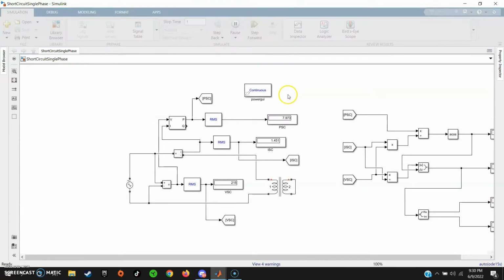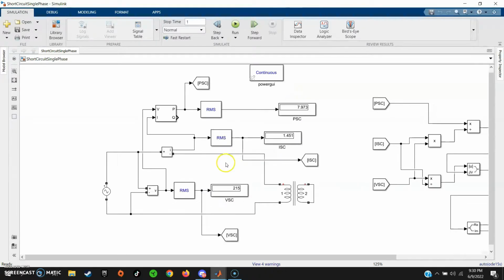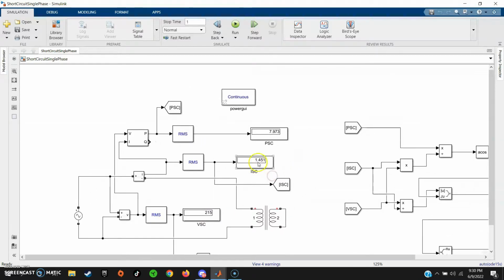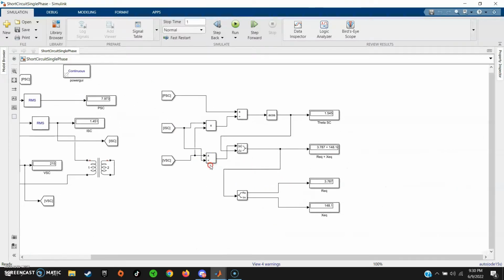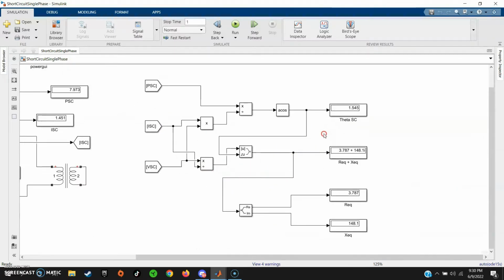Okay, for the short circuit voltage we got 215, the short circuit current we got 1.451 ampere, and the short circuit power we got 7.973 watt. Okay, this is the output for the short circuit.